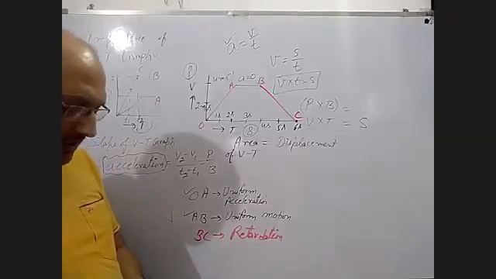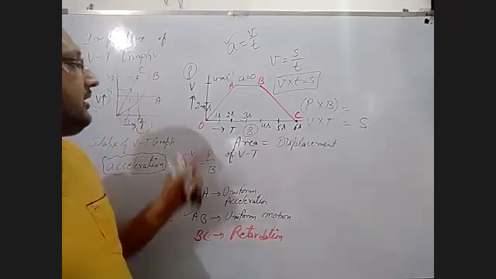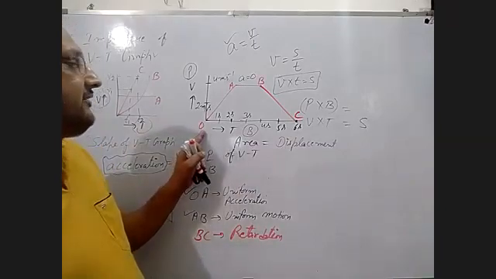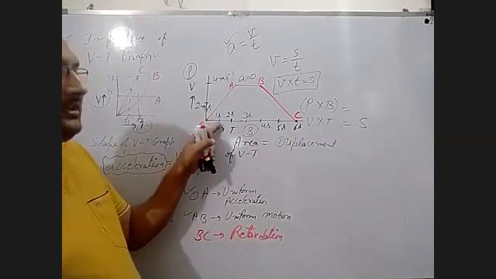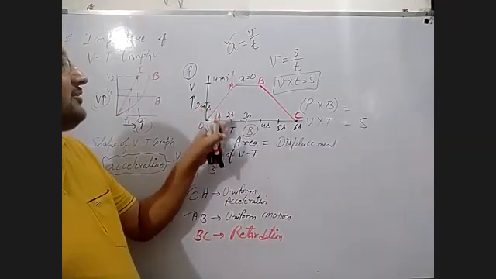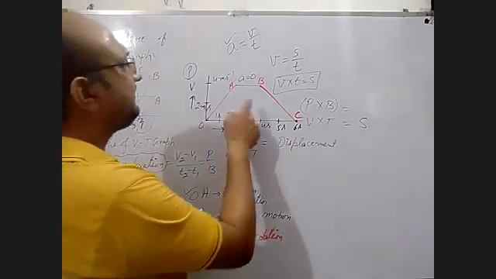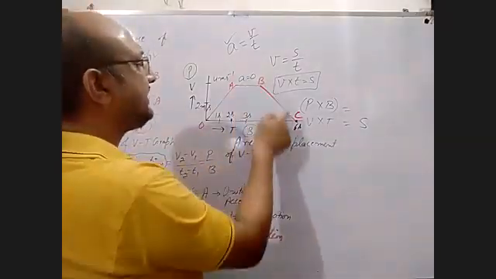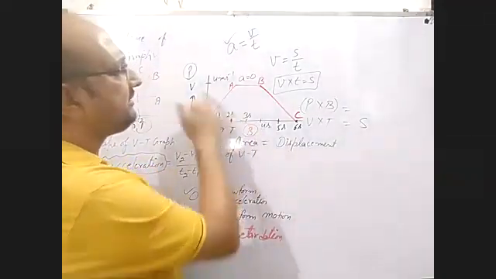But now it's time for calculating the value. An object starts from rest at time 0. After 1 second, its velocity is this. After 2 seconds, velocity is this. After 3 seconds, velocity is what? After 4 seconds, you can study all these things by this.